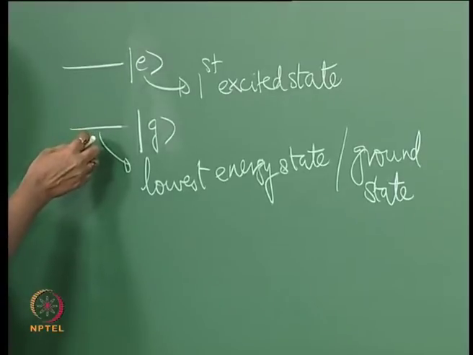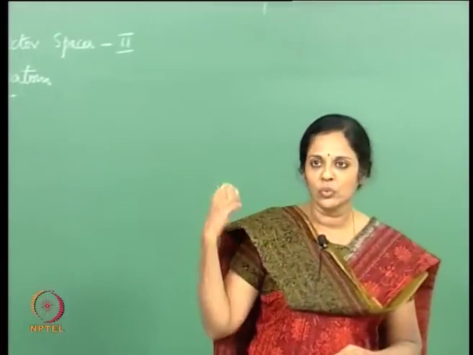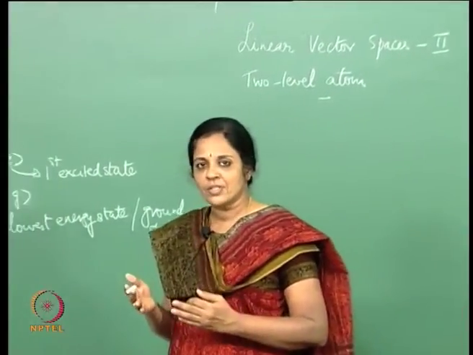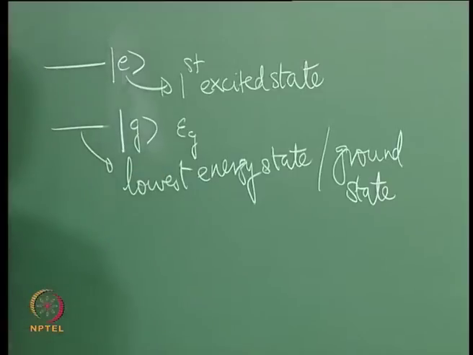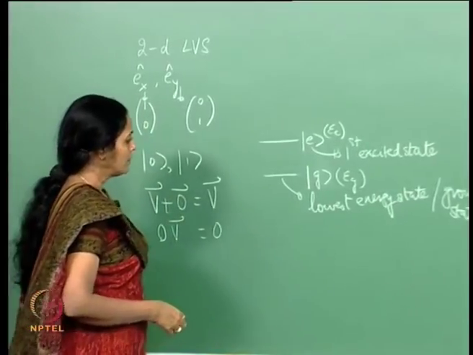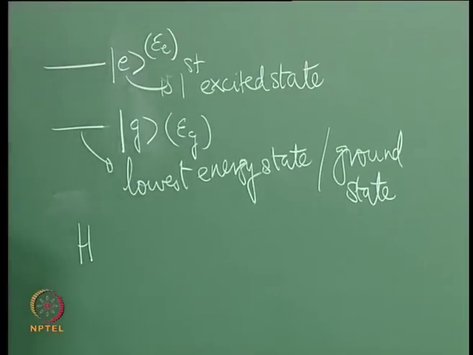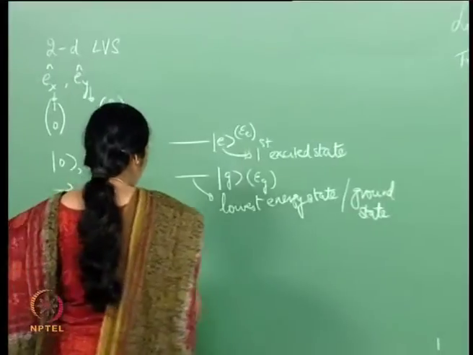The point that I am trying to make is that if energy is the observable in the system, which is indeed the way we are going to work with it, once a measurement is made on the energy, the system collapses either to this state with an energy eigenvalue E sub G, or to this state with an energy eigenvalue E sub E. Denoting the observable energy by H, I have used H because H is the Hamiltonian, and from classical physics you would know that the Hamiltonian operator represents the total energy of the system.